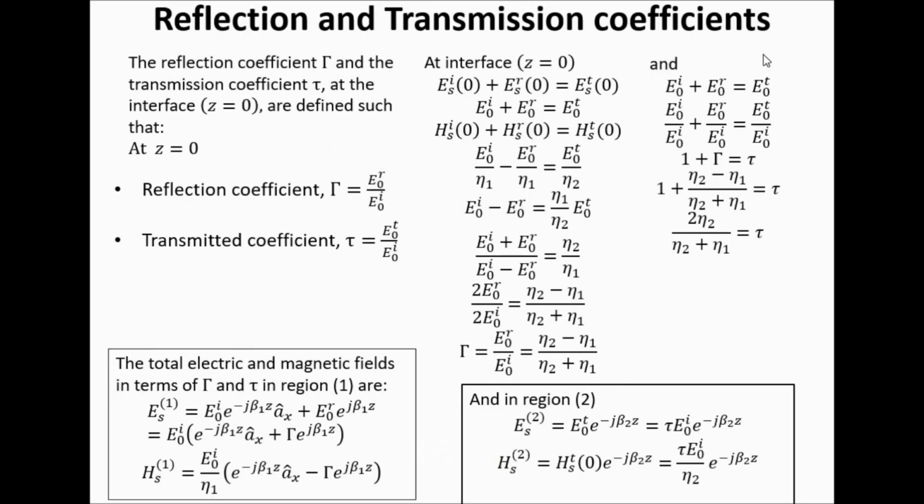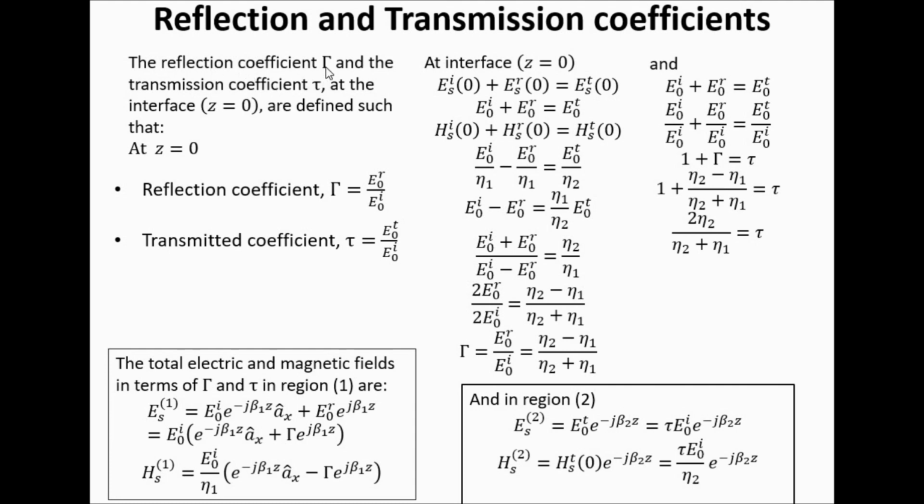Now reflection and transmission coefficient. So we can find the coefficient, how much will be reflected and how much signal will be transmitted. So the reflection coefficient is the uppercase gamma and the transmission coefficient is tau.